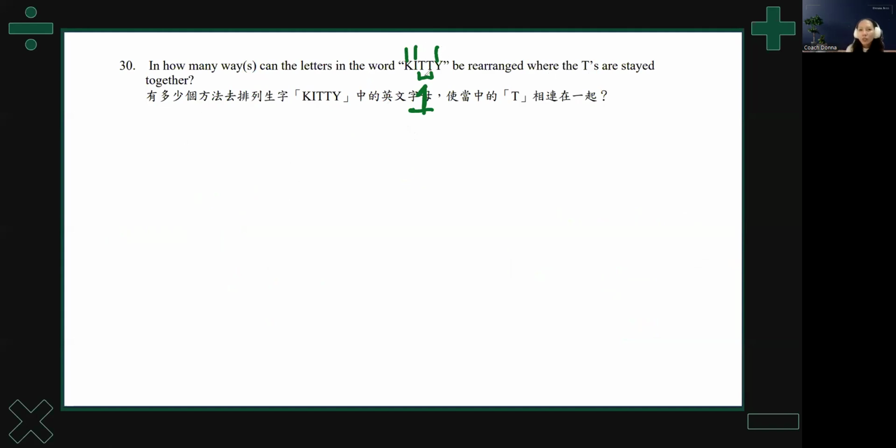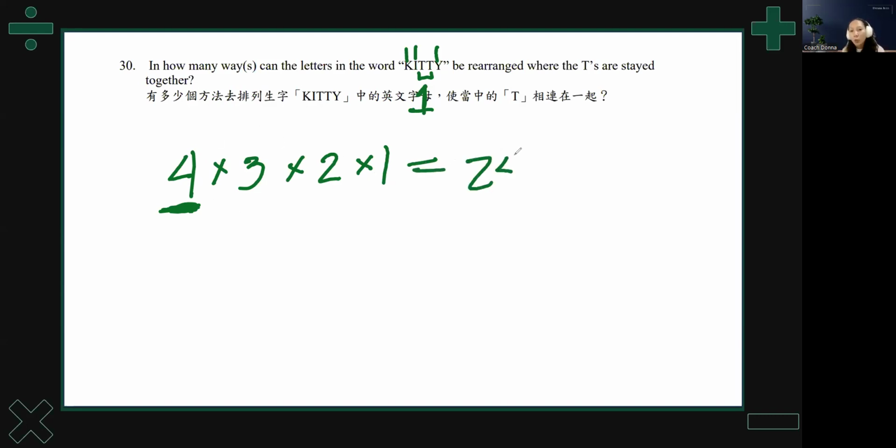So you have 1, 2, 3, 4. So you have 4 times 3 times 2 times 1. Whatever count you have, decrease it to 1. 4 times 3 is 12, times 2, 24, times 1, 24. So this is how we get our answer for the last number.